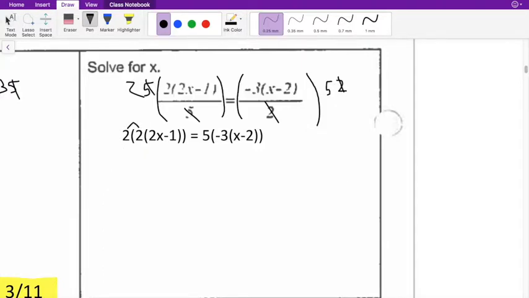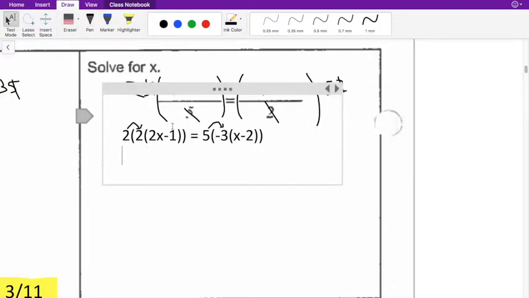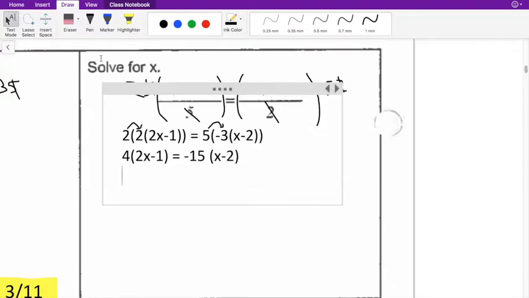We rainbow in here. We rainbow in here, which will give us 4 bracket 2x minus 1 equals negative 15 bracket x minus 2. And then we rainbow in again.